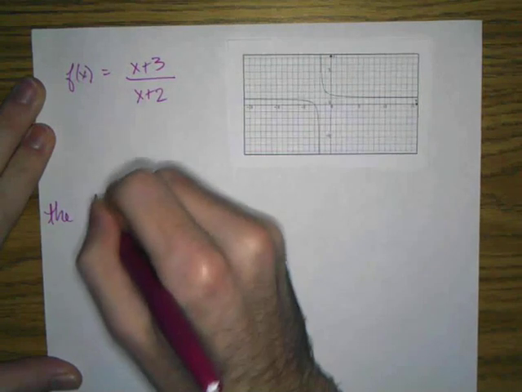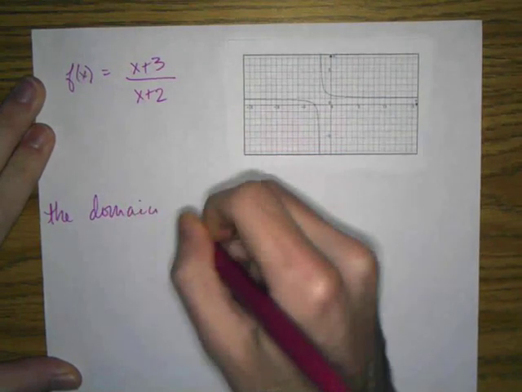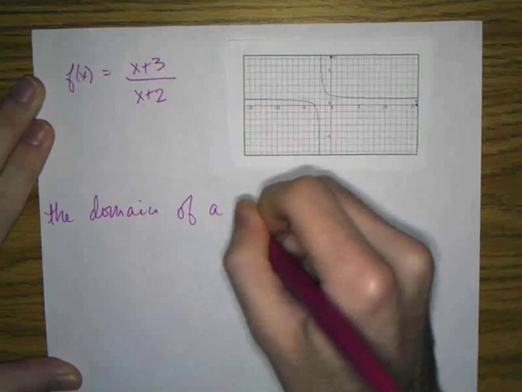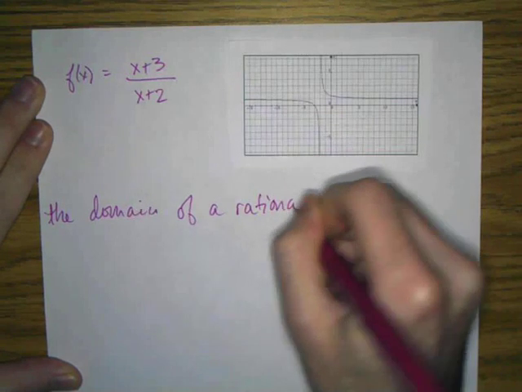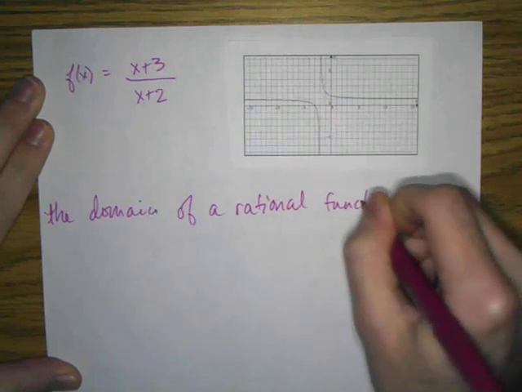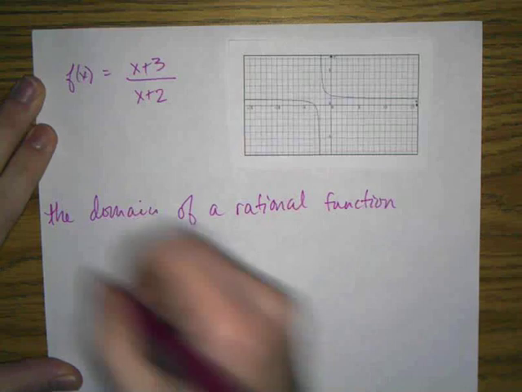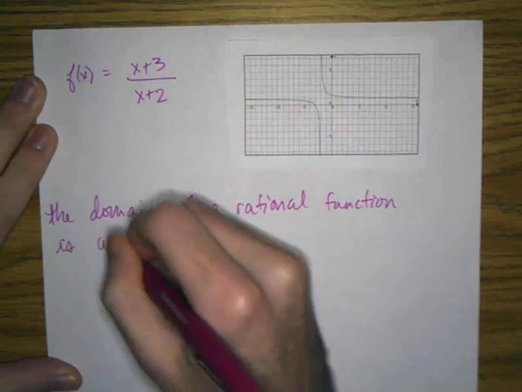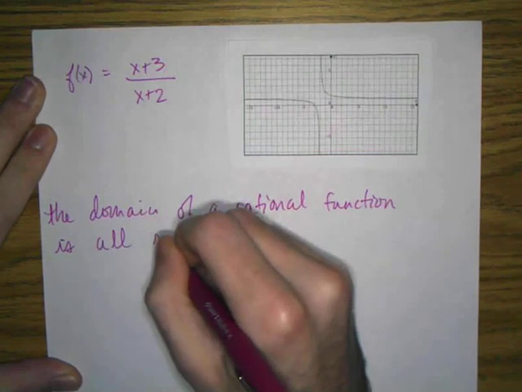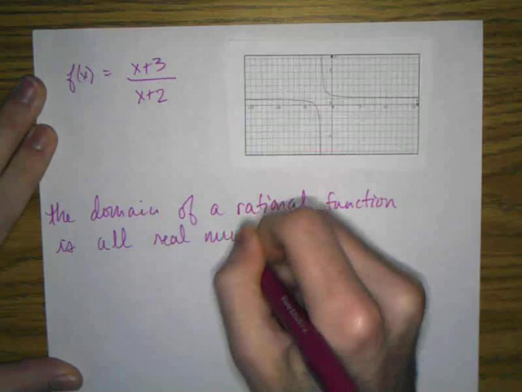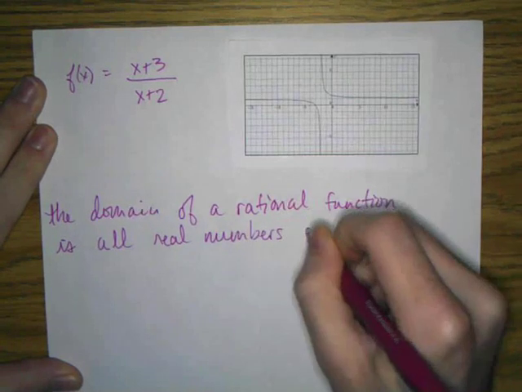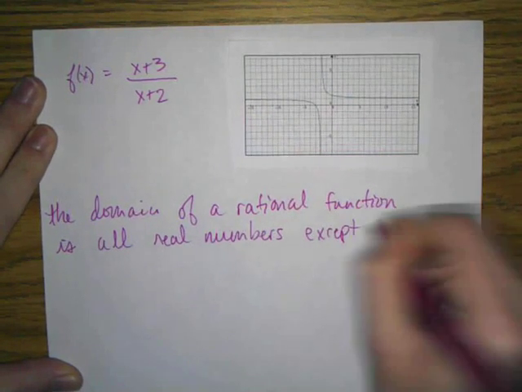Okay, so the domain of any rational function is all real numbers except where what?